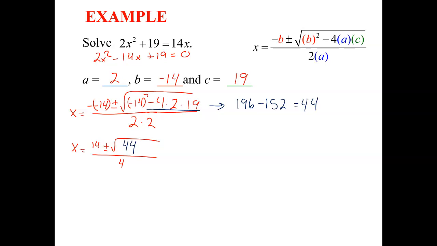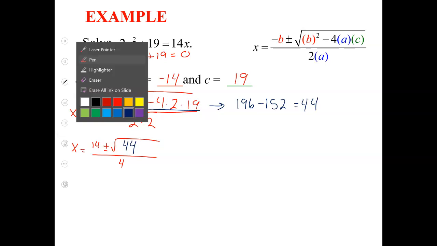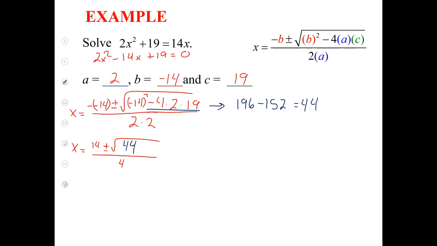Now we need to simplify a radical, because 44 is not a perfect square. How can I simplify the square root of 44? 4. Okay, so I have 14 plus or minus the square root of 11 times 4, over 4.